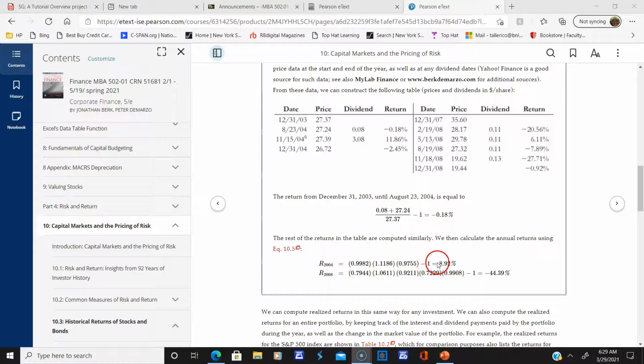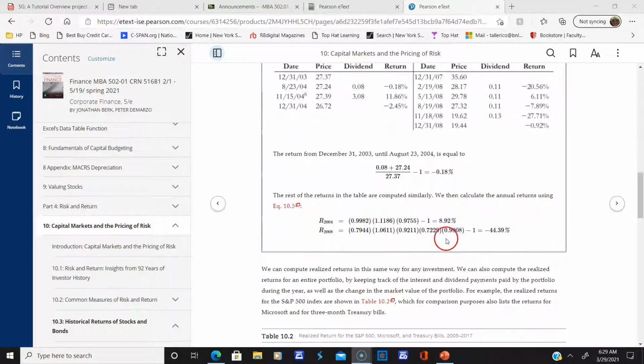So you subtract 1 and you get the 2004 return here, and then the 2008 return, you follow a similar pattern here, right? So you got 1, 2, 3, 4, 5, right? There's 5 periods from here to here for 2008. 1, 2, 3, 4, 5. And you'll notice you lost a lot of money in 2008 for Microsoft.